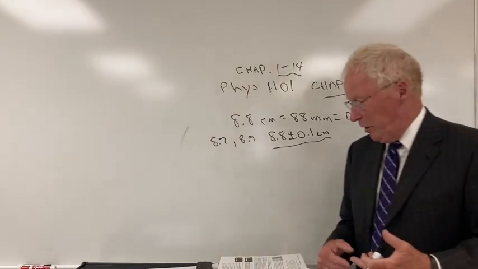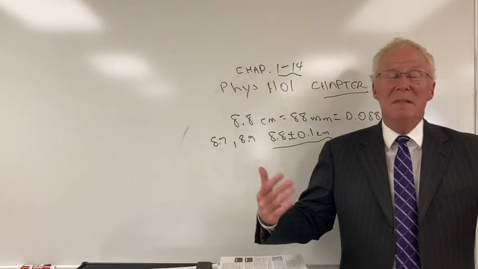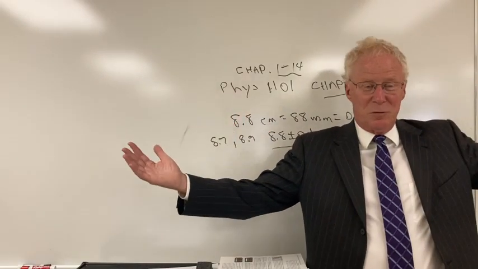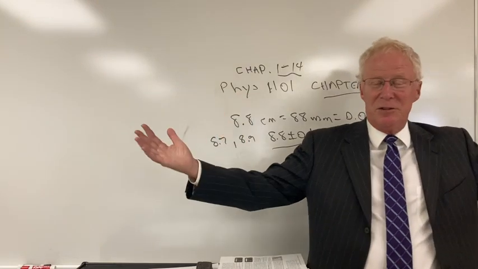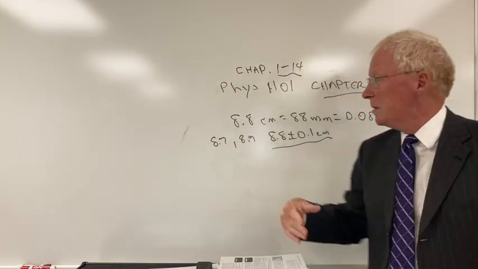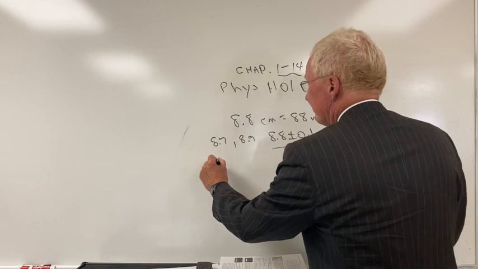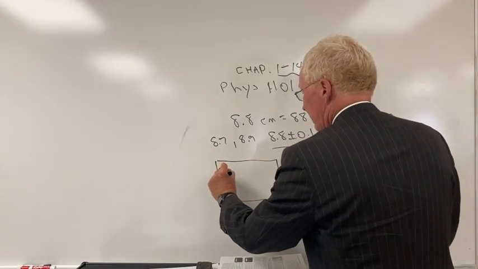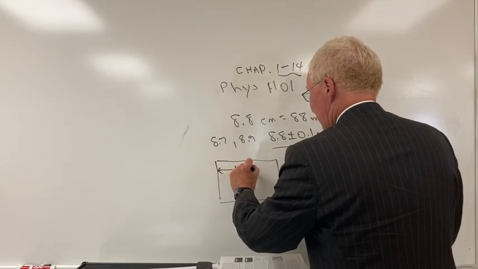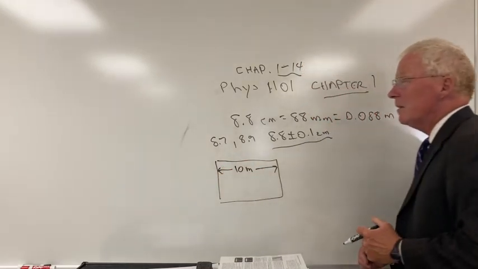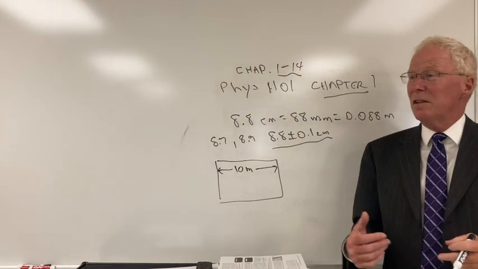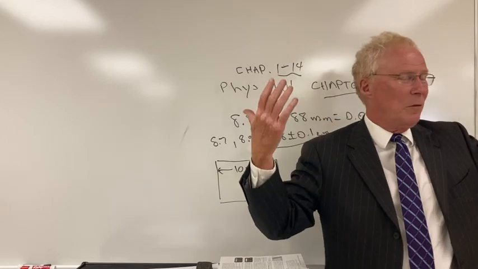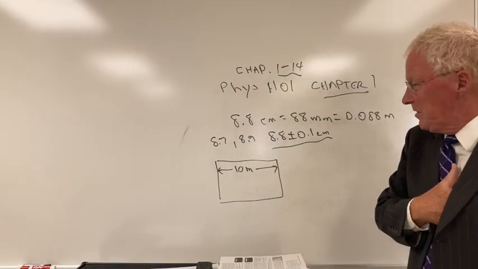Now we could do this much more accurately. So let's say the width of this classroom. I can't show you right here, but the width of this classroom is about 10 meters. Just eyeballing this classroom from one side to the other, it's a normal laboratory classroom, is about 10 meters.